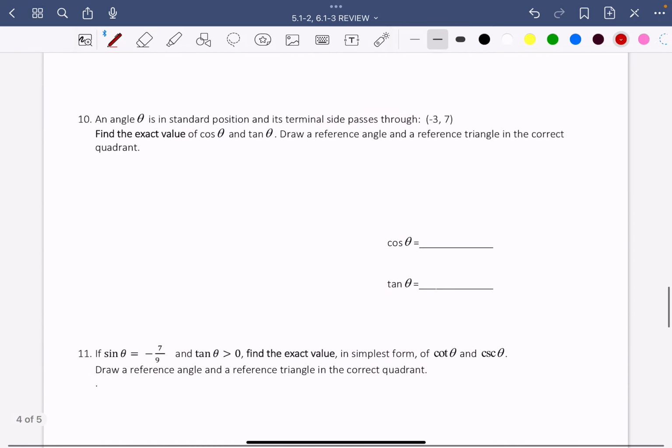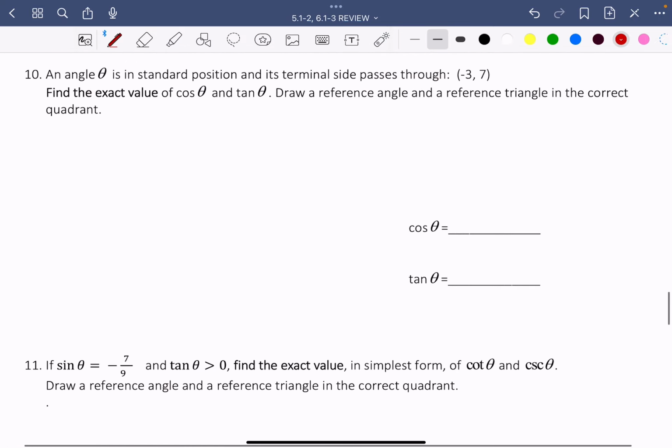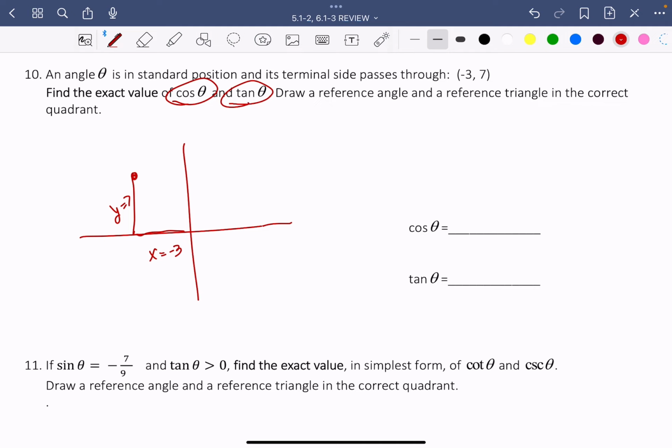All right. Now, an angle in standard position passes through the terminal side, what? -3 on the x, 7 on the y. So x is equal to -3, y is equal to 7. Find cosine and tangent. Well, let's find cosine and tangent.